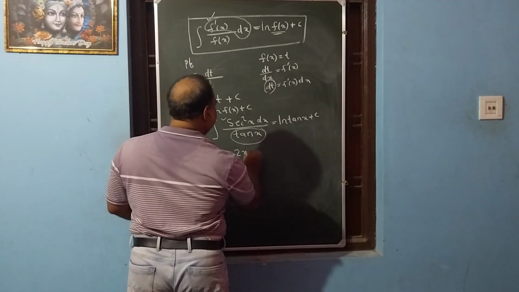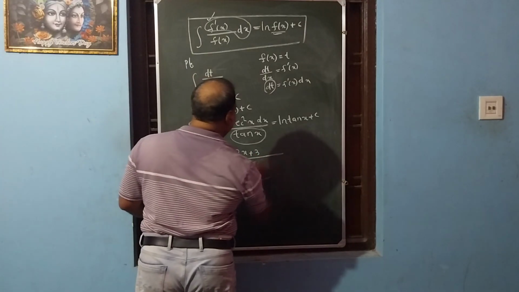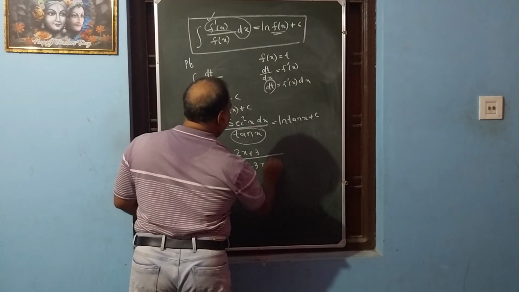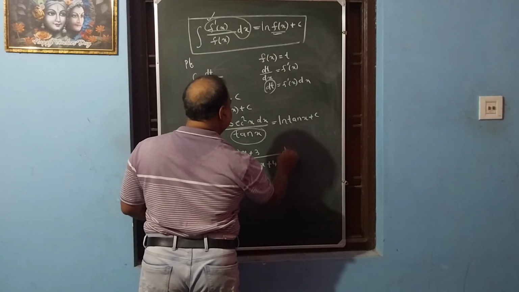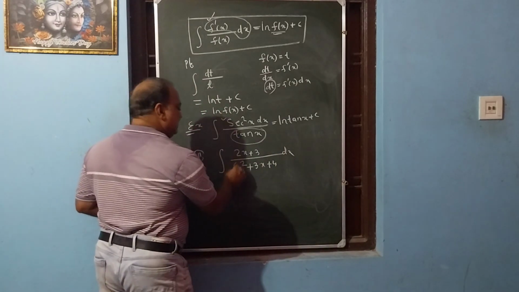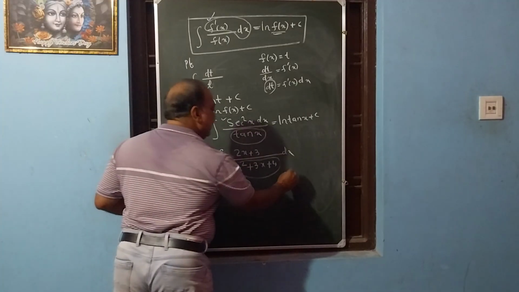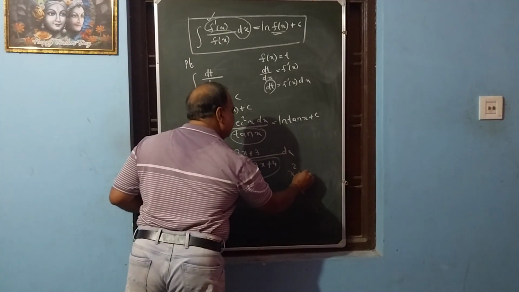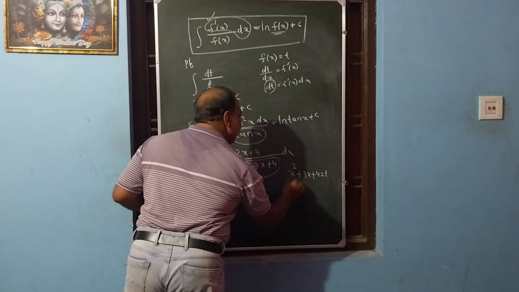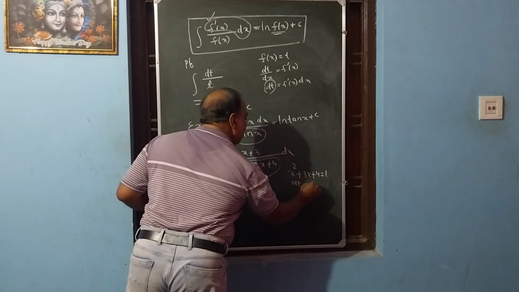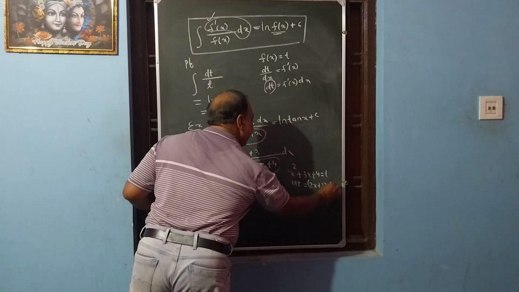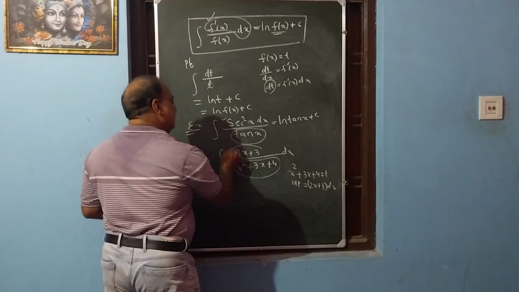(2x plus 3) divided by (x square plus 3x plus 4) dx. So here you see, when you take this as t, x square plus 3x plus 4 is equal to t. dt is equal to (2x plus 3) into dx. So this will be changed.